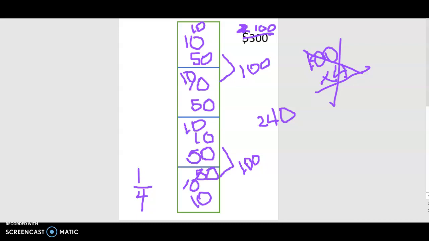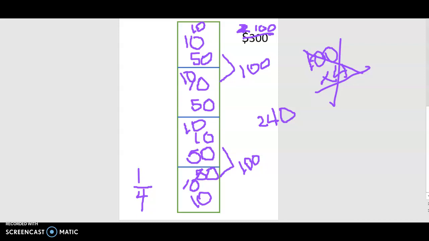That's right, 70. So if I add them all up, I know I have 100 here, 200, and then I can count by tens. 210, 220, 230, 240, 250, 260, 270, 280.